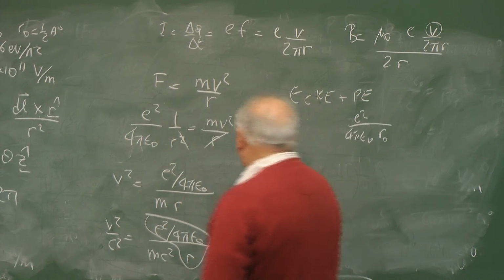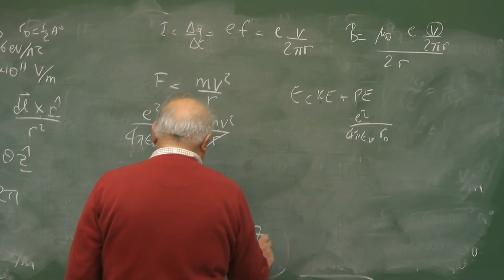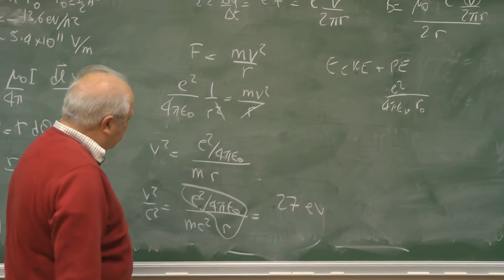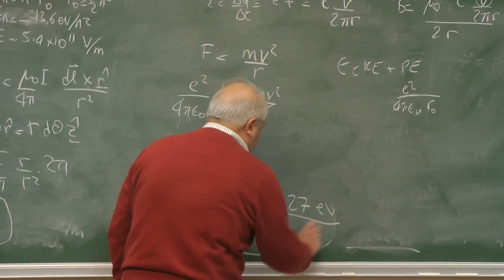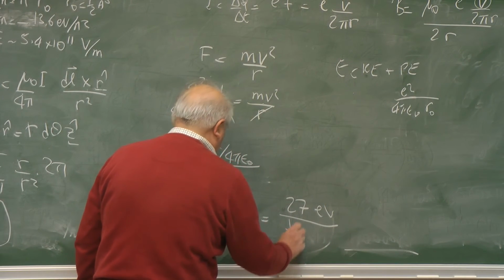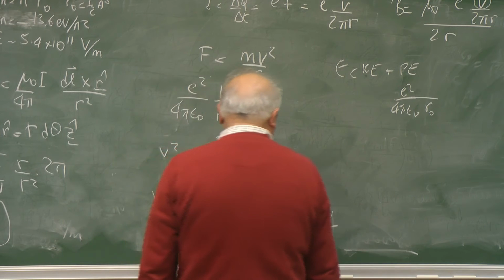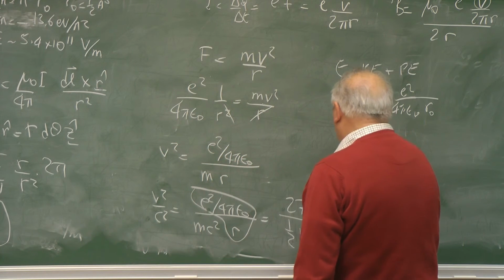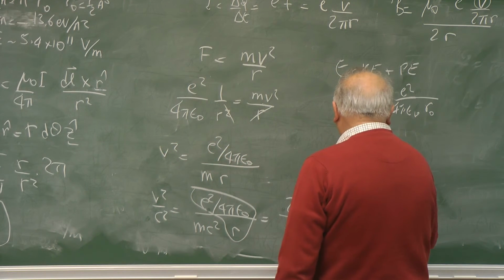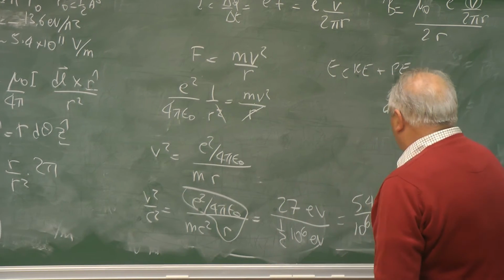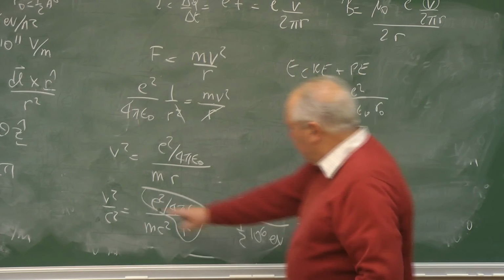Therefore, this is 27 electron volts. This is 2 times the 13.6, and this is 1/2 times 10 to the 6 electron volt. So this is 54 divided by 10 to the 6. And this is V square over C square.